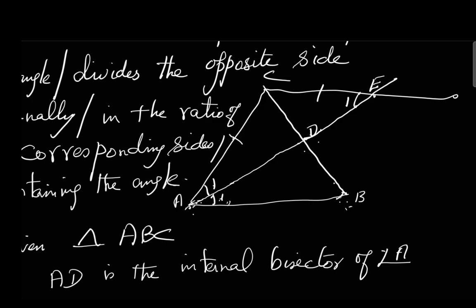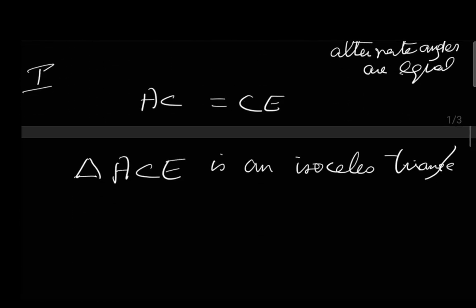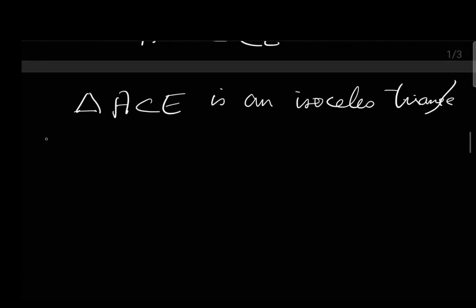See, CE is parallel to AB. Here we get one alternate angle, and here another alternate angle. So let me mark this as 2. Right here this is B and C. So you can draw one line here. Second part.